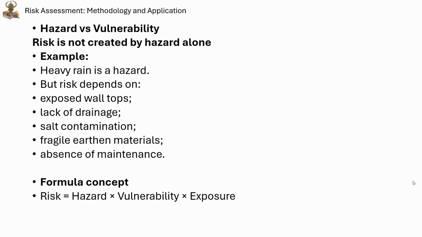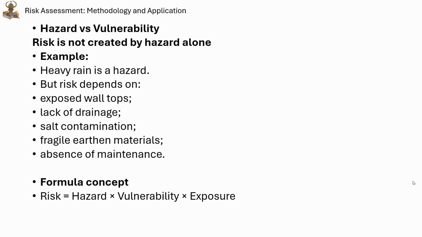These distinctions are important because conservation often cannot eliminate hazards. I cannot stop floods in Sudan or these rainfall events. So we need to work with that, and if we prepare for what can happen, we can figure out what we can do.